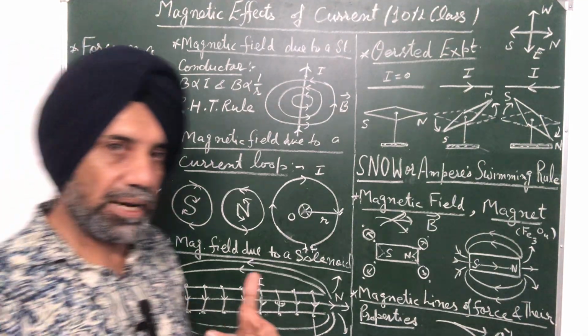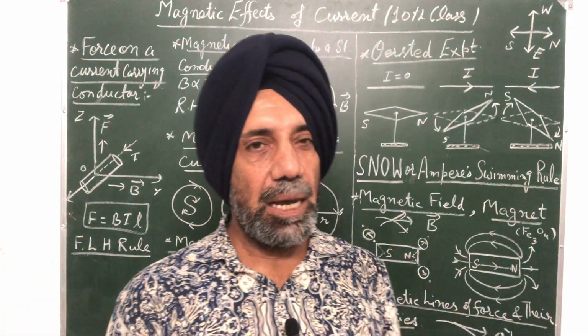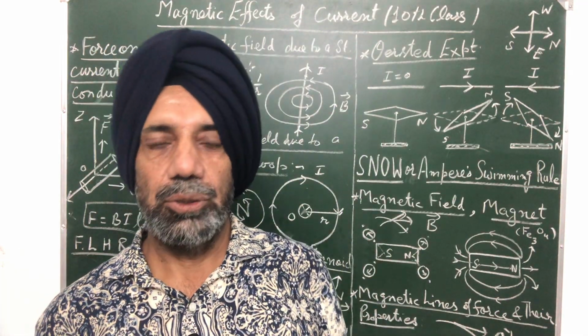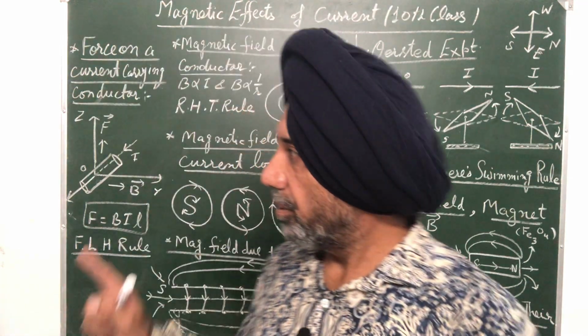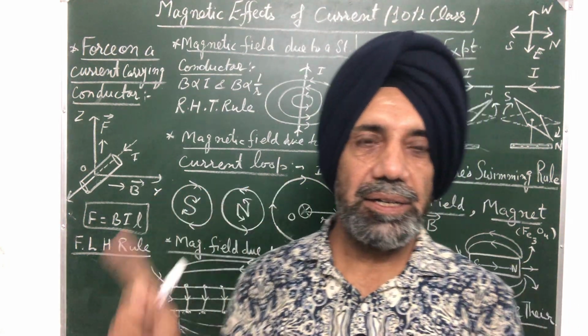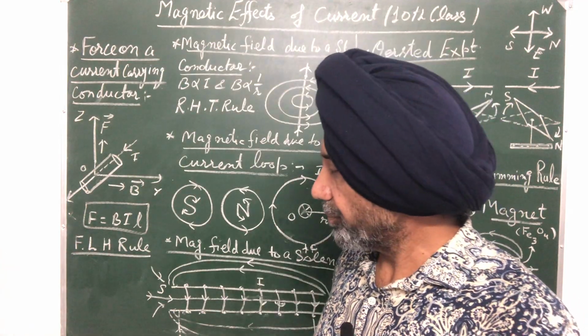So we have studied two rules today, the right hand thumb rule and Fleming's left hand rule, which are very important to find the direction of magnetic force and the direction of magnetic field or current in this chapter of magnetic effects of current.